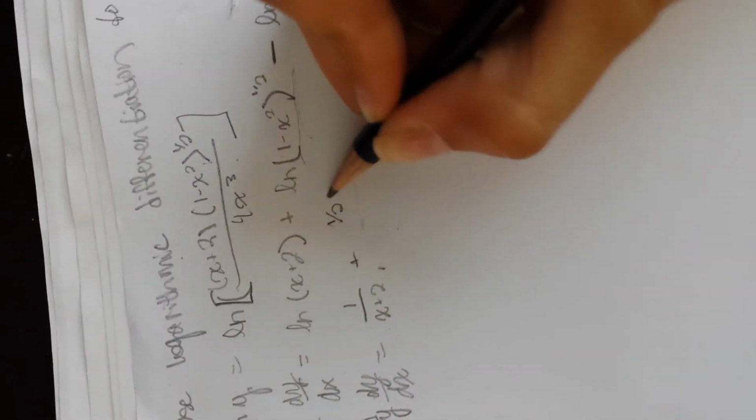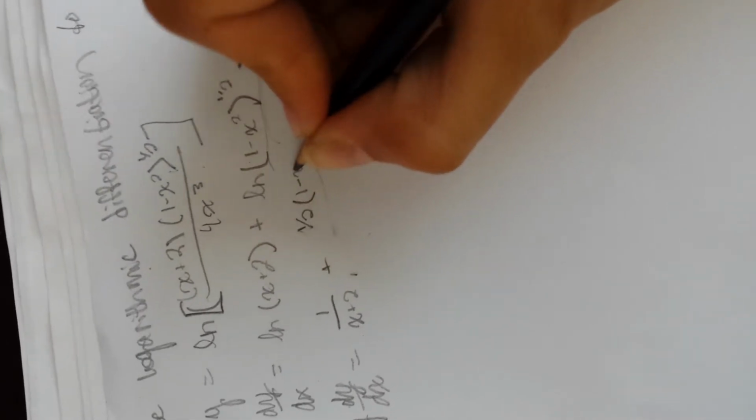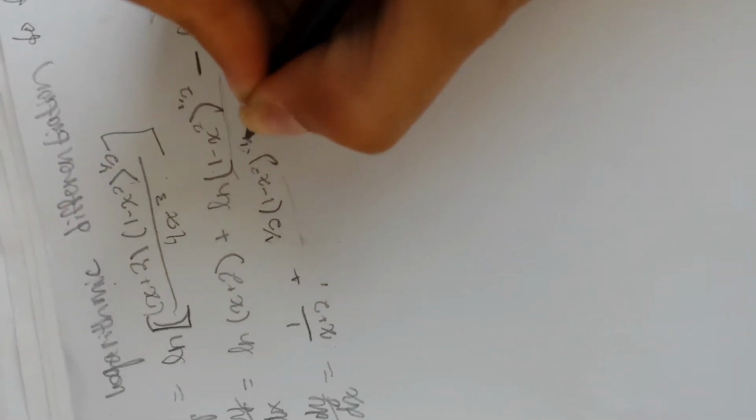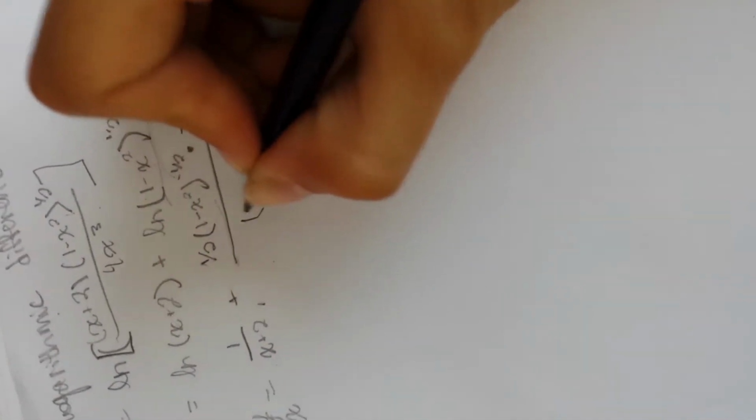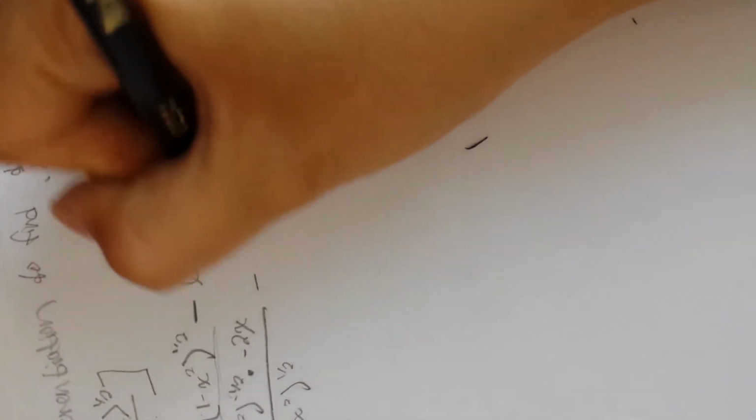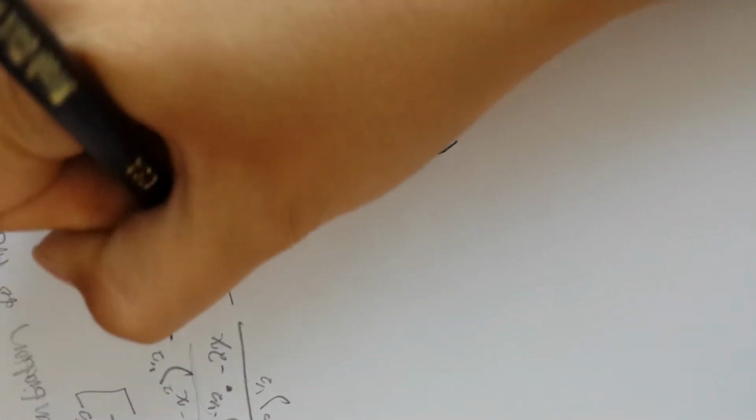So the derivative of this will be 1/2 using the chain rule, 1 minus x squared raised to the negative 1/2. Don't forget to power down. And then you take the derivative of the stuff. Now you have your negative 2x, all over your original stuff, which is 1 minus x squared raised to the 1/2. And now you take the derivative of the 4x cubed, which is 12x squared all over 4x cubed.